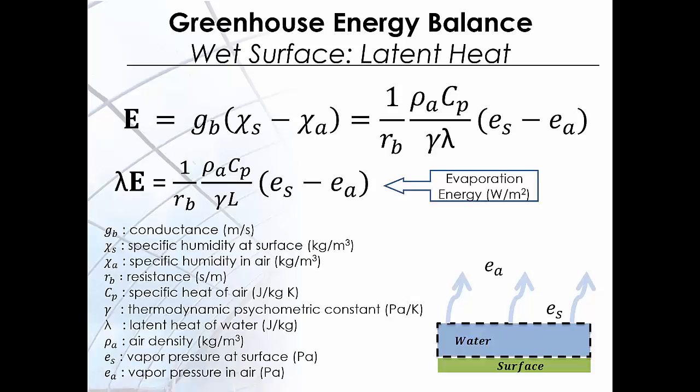In this case, we can use Dalton's diffusion equation here, as you can see. The rate of evaporation is dependent on the concentration gradient, similar to conduction, and can be written in this form. In this equation, Gb defines the conductance, which is a mass transfer coefficient, and that can also be defined as the inverse of the resistance, which is Rb, as we can see in this equation here.